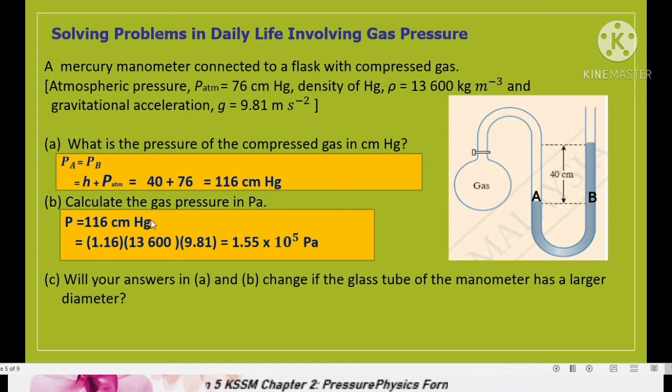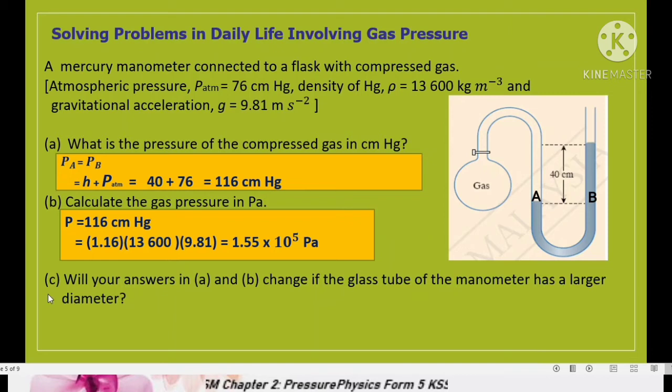Because this one is mercury, we need to use density of mercury, 13,600, and the value of g is 9.81. You just multiply, so you get 1.55 times 10 to the power 5 Pascal. So this is how you convert the units. Just straight away use the formula h rho g. Because here is mercury, you use density of mercury.